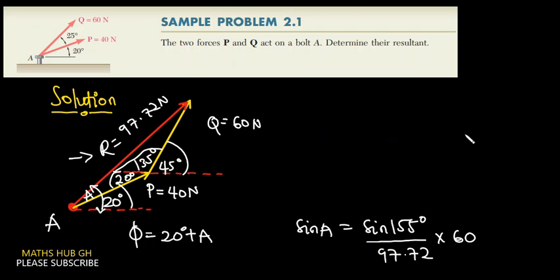So sine A equals the sine of 155 degrees divided by 97.72 multiplying 60. Setting this to 3 decimal places, that gives us 0.259. So angle A will be equal to the sine inverse of this value.